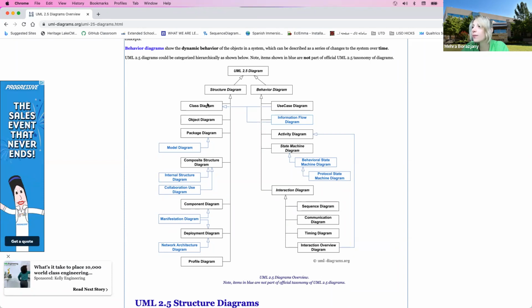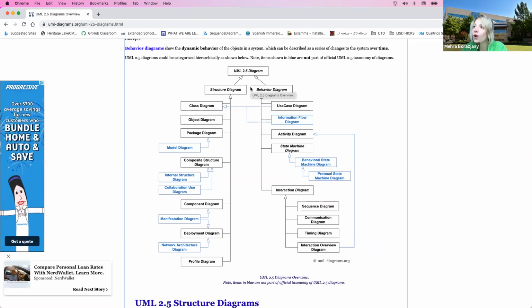And then in the other part, we're going to talk about class diagrams, and class diagrams are structural diagrams, and structural diagrams are also UML diagrams. So class diagrams are UML diagrams indirectly. That's the inheritance that's happening indirectly. Any questions so far?